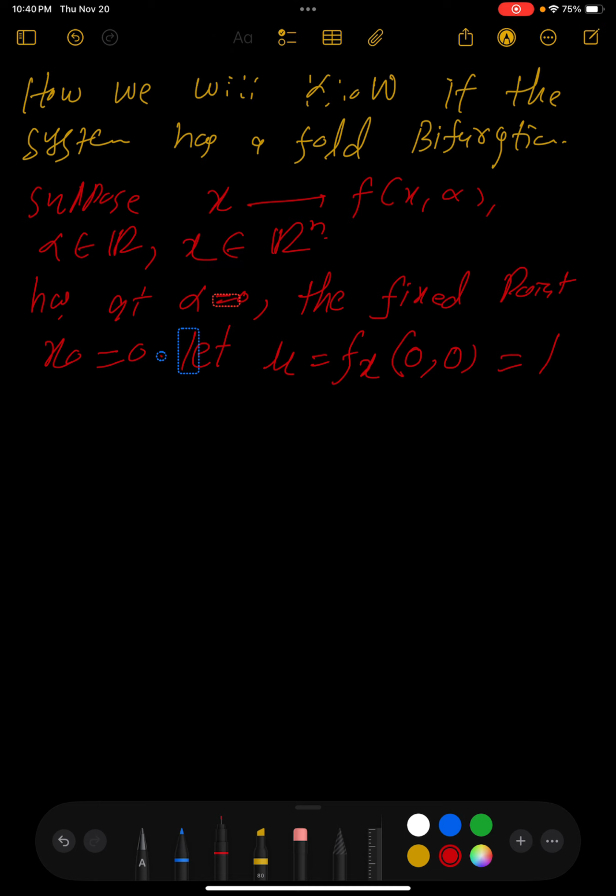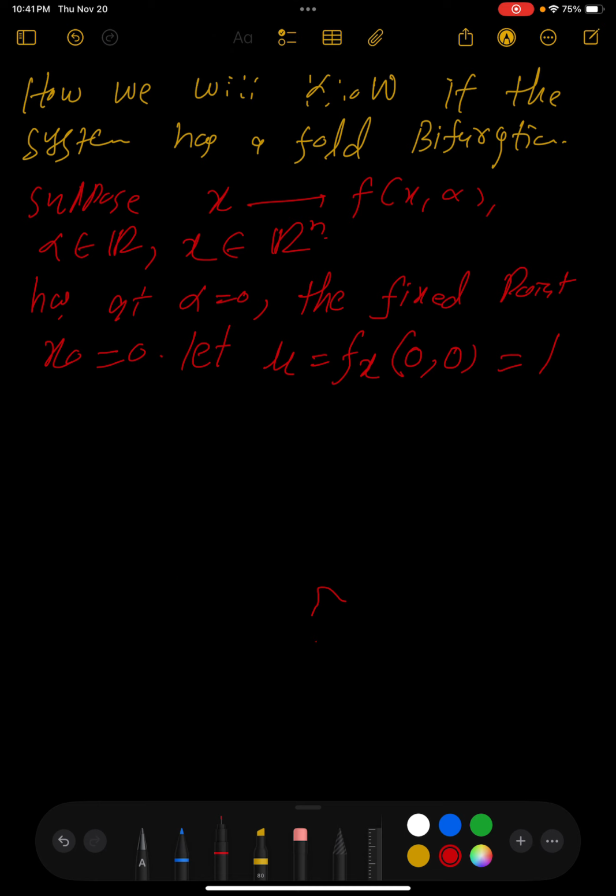But be careful: for different systems, it's not necessarily required that every time we will have fixed point x naught equal to 0, but this is our supposition, just for simplification. So if we have x naught as something else, surely mu will be f_x, whatever the alpha value and whatever the x naught, we should get 1 always. But for simplification, at alpha naught equal to 0, x naught equal to 0, our mu is 1.